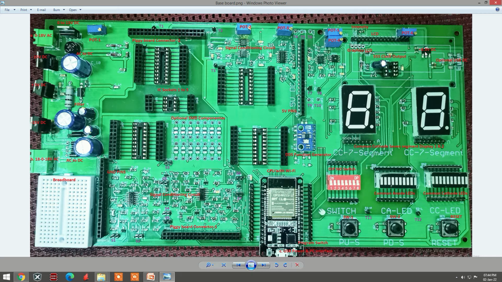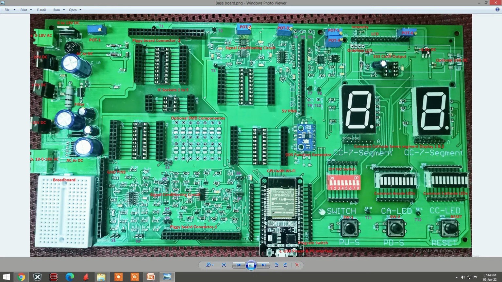So as you can see, 0 to 15 volts variable DC by this LM317, constant minus 15 by 7915, constant plus 15 by 7815, plus 5 volts is coming from 7805, 3.3 volts is coming from LM1117.